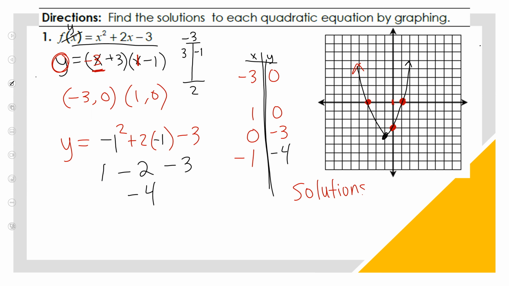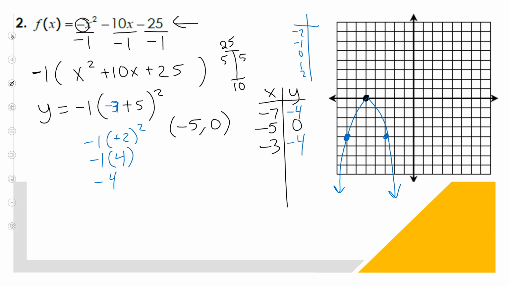So looking at the graph, I know that my solutions are -3 and 1. So that's what that one is. If I look at my other graph, my solution is my x-intercept. So when it asks what are the solutions, I would put -5. That's where my x-intercept is.